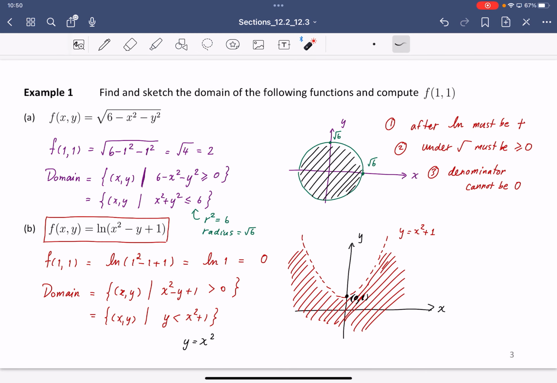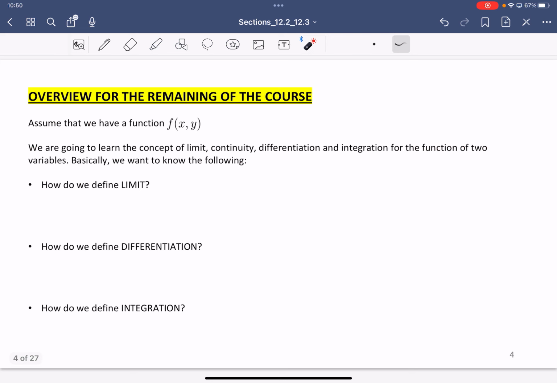Okay, so we already talked about this one. When you have f of x, y, we're going to need to learn how to define limit, how to find differentiation, and how to find integration. This is what we're going to learn. This is chapter 12. This is chapter 13.